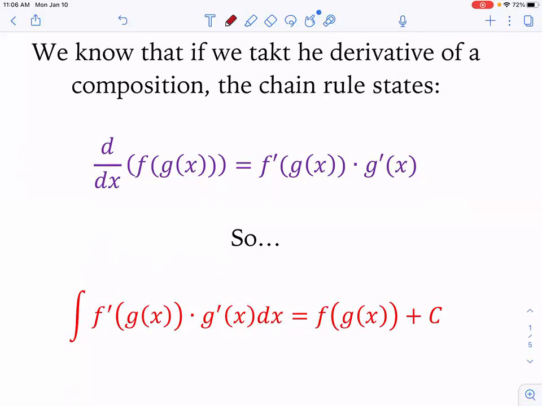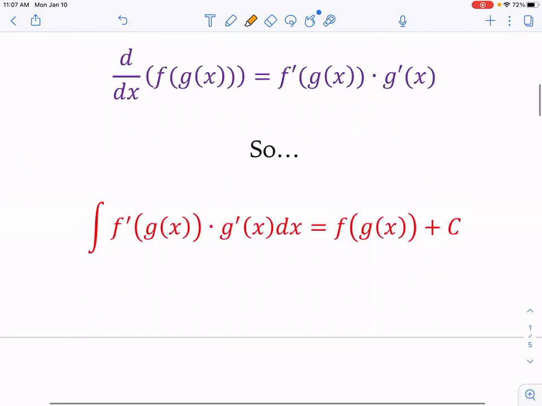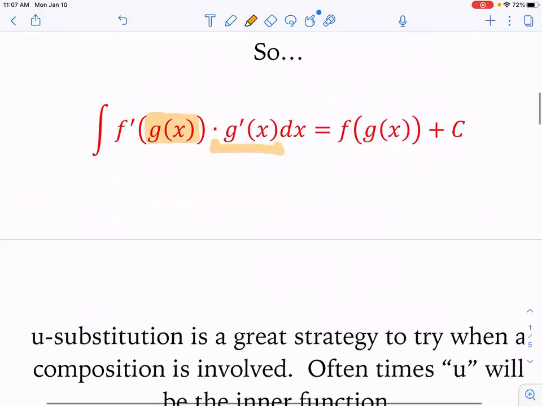Basically, we're going to keep our eyes out for some sort of composition. And what's really nice is if we have the inside of a composition, and on the outside we can find its derivative, then we can make a substitution so that instead of multiple functions, we can just have one.